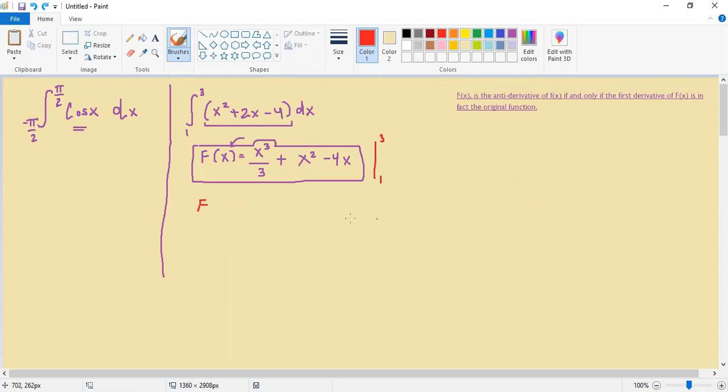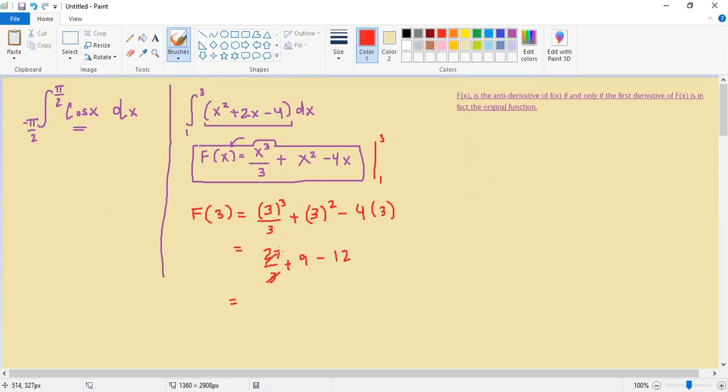And we can first plug in f of 3. Doing so, we would get 3 cubed at the top over 3 plus 3 squared minus 4 multiplied by 3. Now, of course, this would be 27 over 3 plus 9 minus 12.